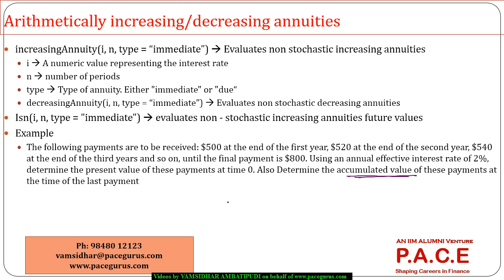But here also we can do the same thing. We can first use accumulated value for the constant portion. For 480, I can do the accumulated value separately using the accumulated formula. And for the 20, I have an increasing accumulated value. That increasing accumulated value is obtained by this function called ISN.